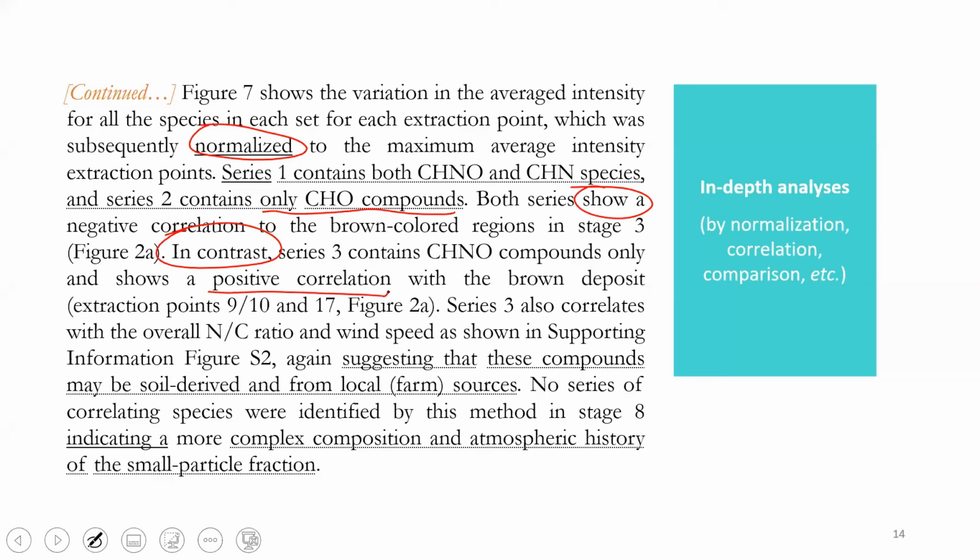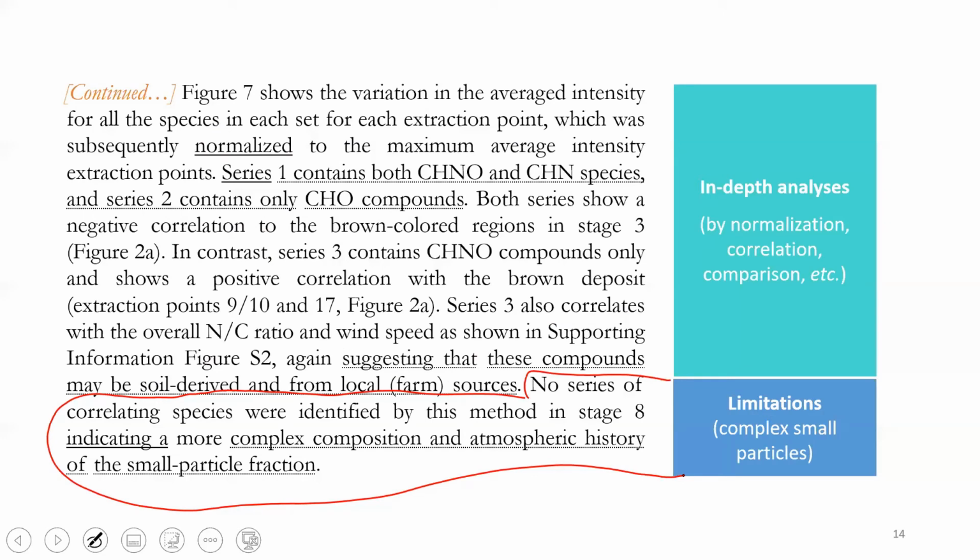The series also correlated, again suggesting that maybe it is soil derived from local farm sources. Okay, continue. However, I want to highlight this part. No correlating series were identified by this method. So basically, there is a method, but not identified in stage 8. This indicates smaller particle fractions.